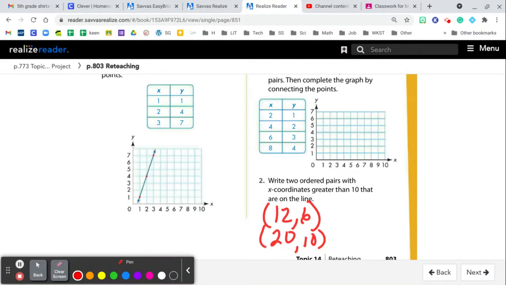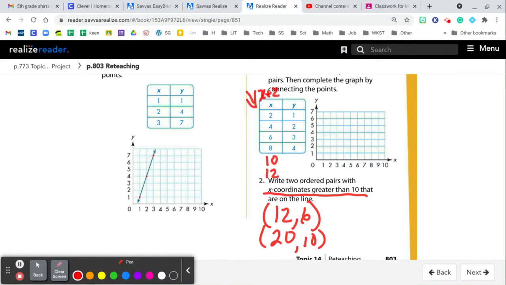So you can look at your data table here. We want x bigger than 10. Our next value, the rule here, it looks like we're adding 2. So X plus 2 would be the rule. That comes up in a later chapter.